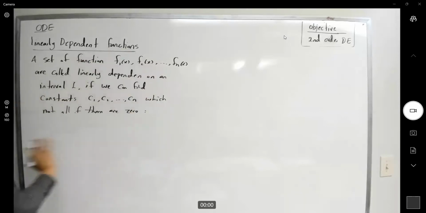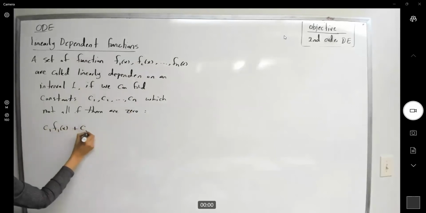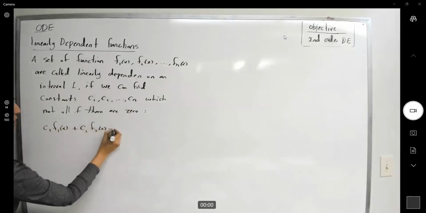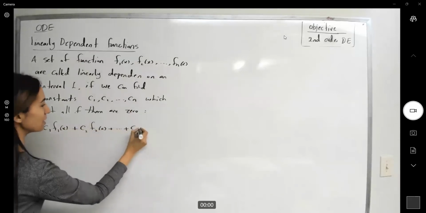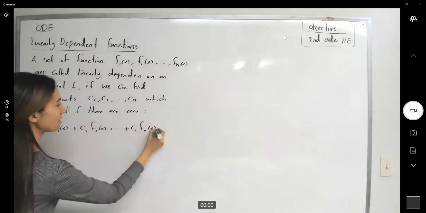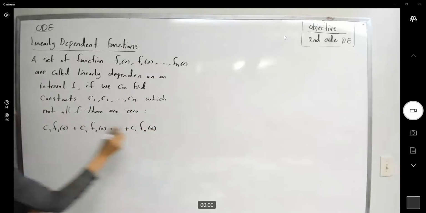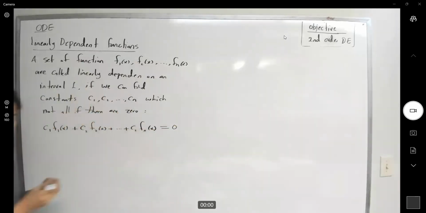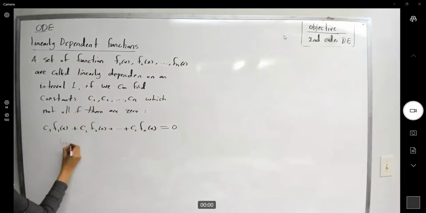If we form the linear combination of these functions, C1 f1(x) plus C2 f2(x) plus Cn fn(x), this linear combination becomes 0. So this is our linear combination.